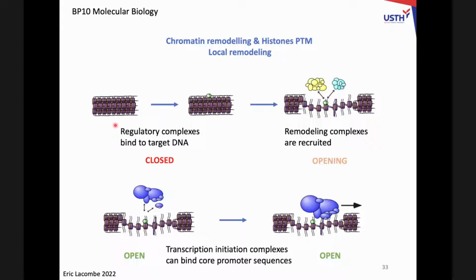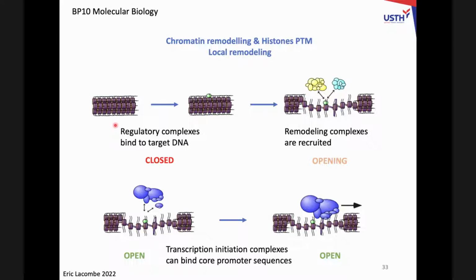I told you that there are some specific factors, some transcription factors, but we're going to see that under the name transcription factor there are actually two different categories of mechanism.